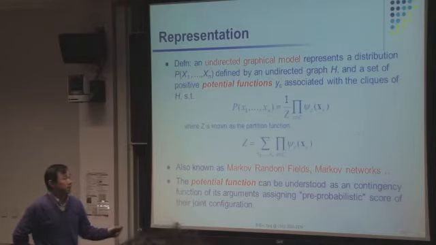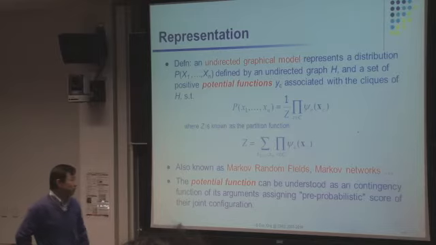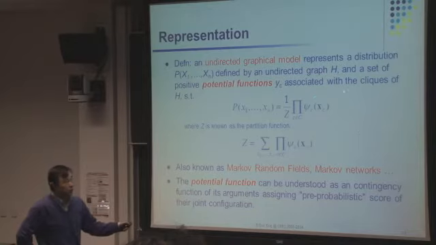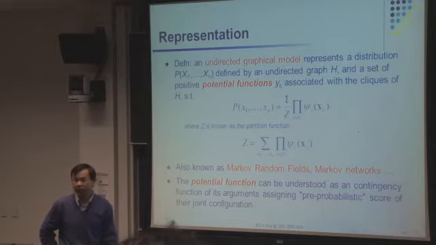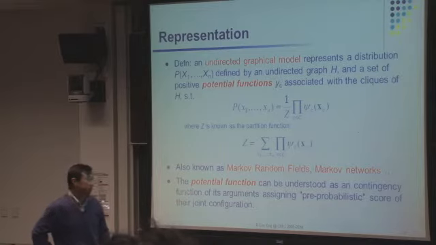And I'm going to discuss more about how to numerically define the clique function, but as of now, let's assume that these clique functions are rather flexible. They do not have to be a probabilistic table that sums to 1. They can be any so-called pre-probabilistic score.